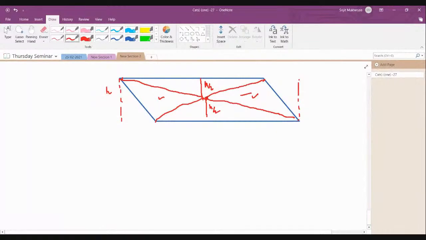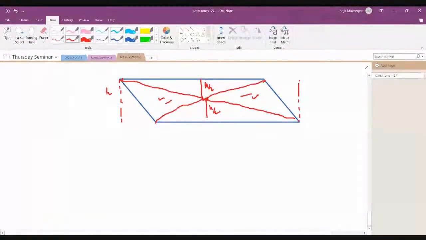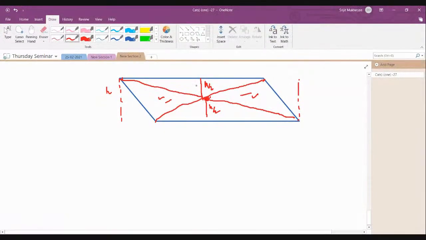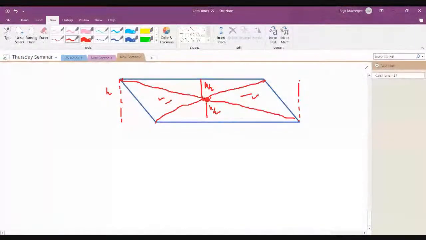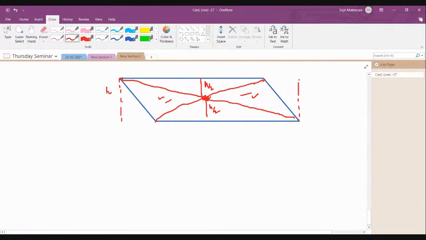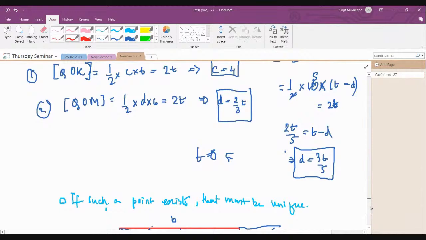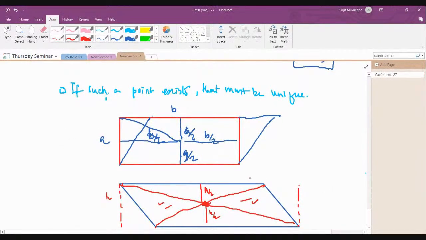If the height is equal, then I think these two distances must be equal too. So it can happen only at the intersection point of the diagonals. At the intersection point of the diagonals, are the two areas equal? I'm not sure about that. The question is, when you just shift it, does the area change or not? Just give me a moment to think.